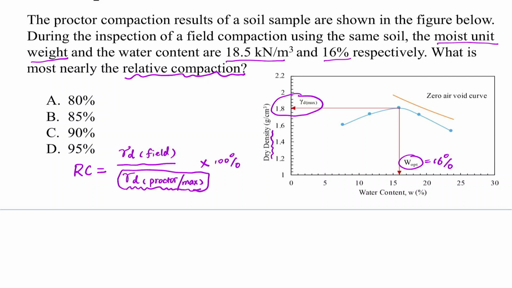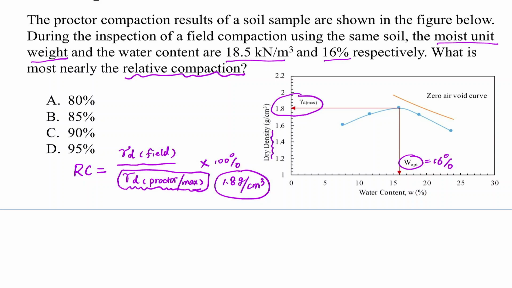And then times 100%. This one is pretty easy to figure out. This one is essentially that 1.8 grams per cubic centimeter, but we definitely have to play with the unit a little bit. The gram per cubic centimeter is a density unit, and we would like to convert that density unit to a unit weight, which is kilonewton per cubic meter.